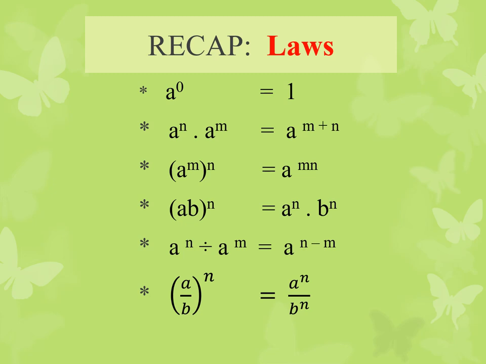And of course, when we are dividing powers of the same base, we subtract your exponents. That's why a to the n divided by a to the m is equal to a to the n minus m. And also, when you have a quotient, a over b to one exponent, you distribute that exponent to the numerator and the denominator thereof.